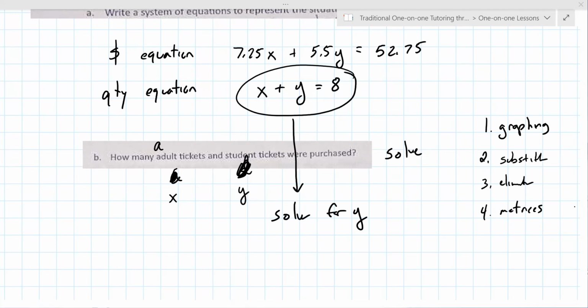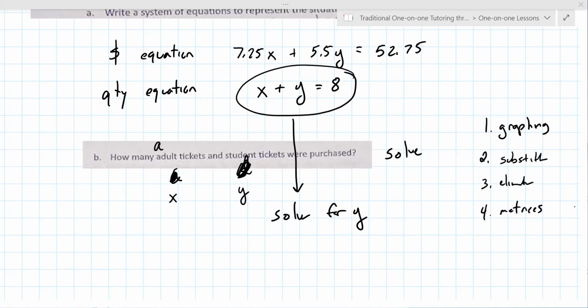Okay. I got 550 equals 7.25x minus 52.75.